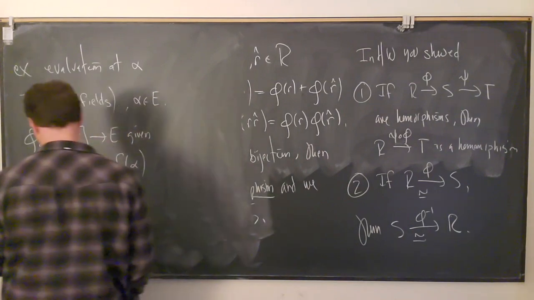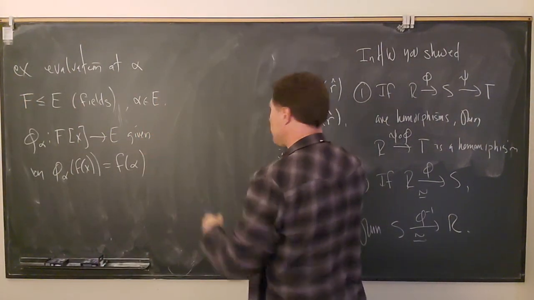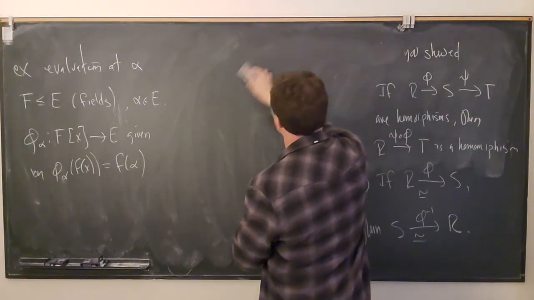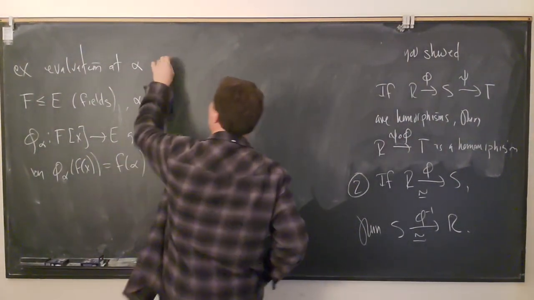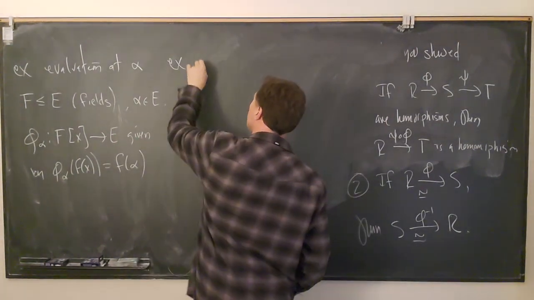The other important one is going to be a crucial one. We'll definitely make use of this in the near future. Another important example is reduction mod n.